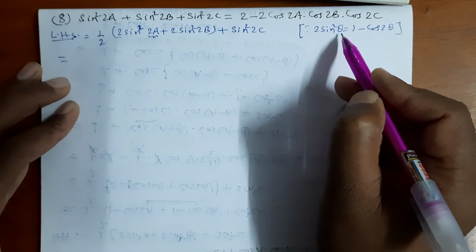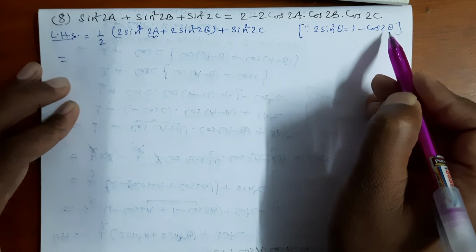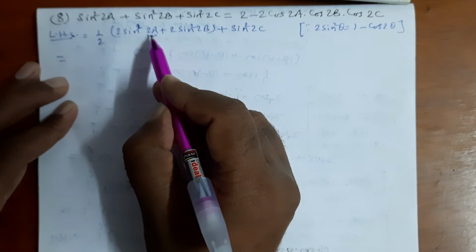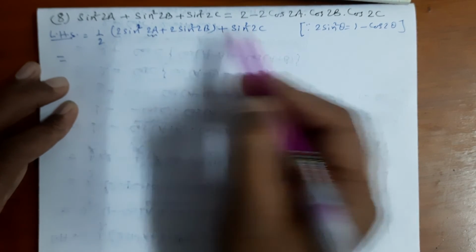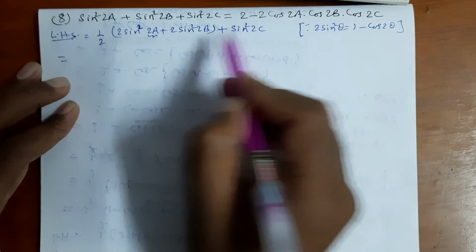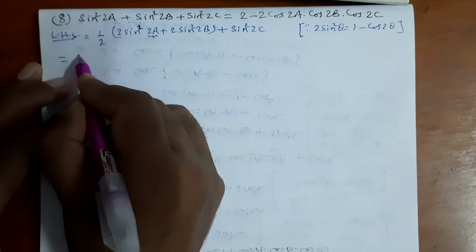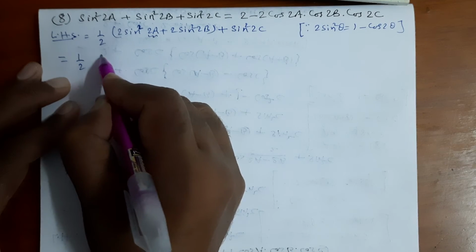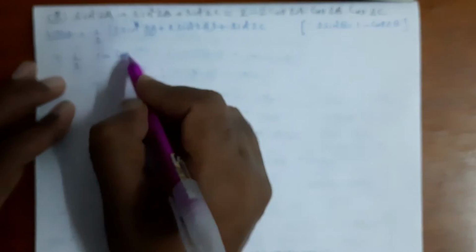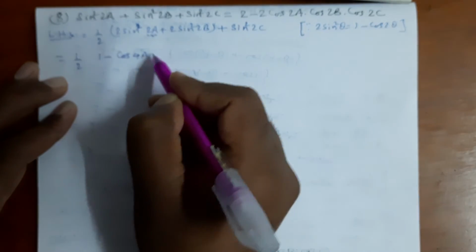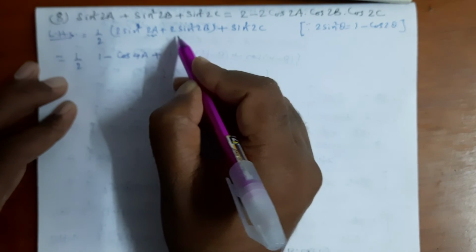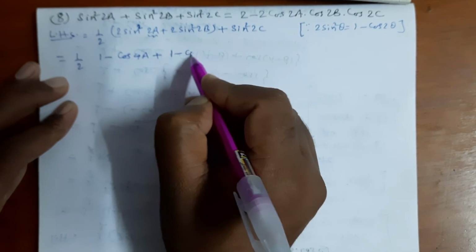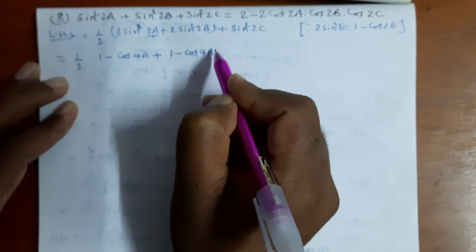Okay, and using this formula, in place of theta we have 2a. If here is theta, double of theta is 2 theta, and here 2a, then this 2a multiplied by 2 from the formula will be 4a. So it will be like this: 1 minus cos 4a, and similarly 1 minus cos 4b.